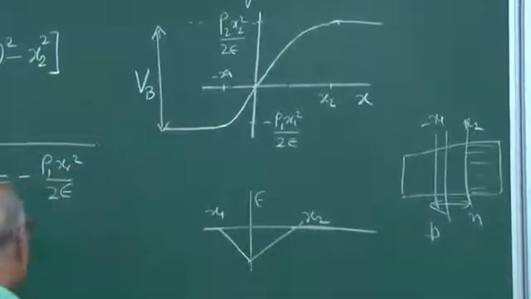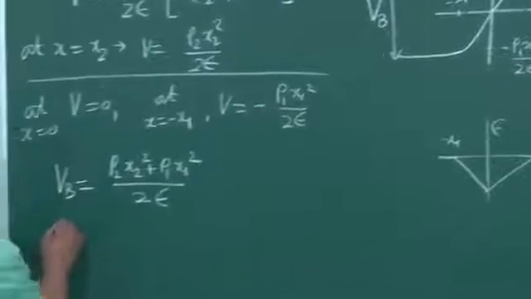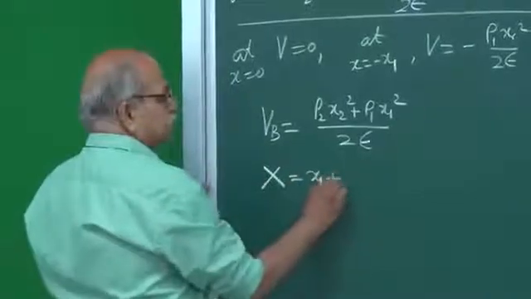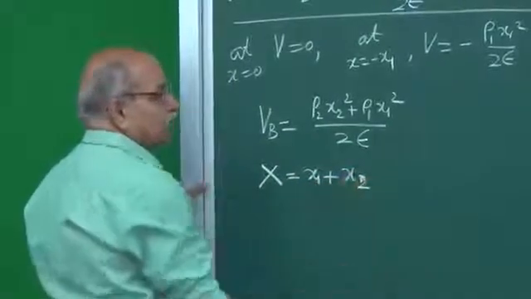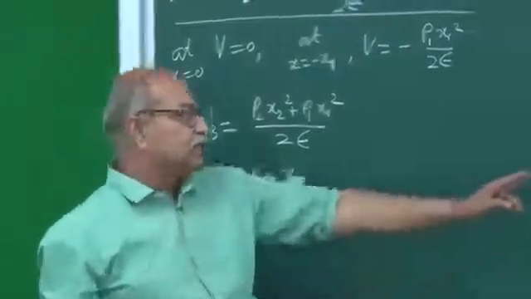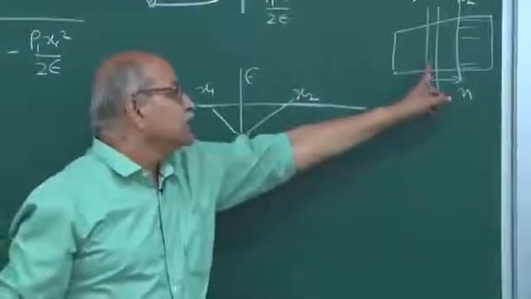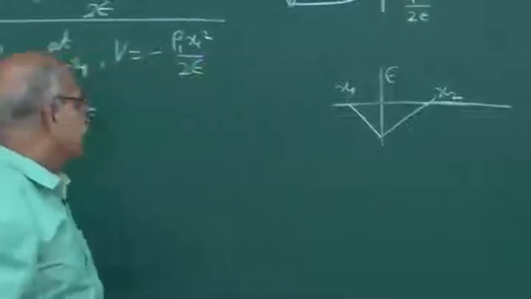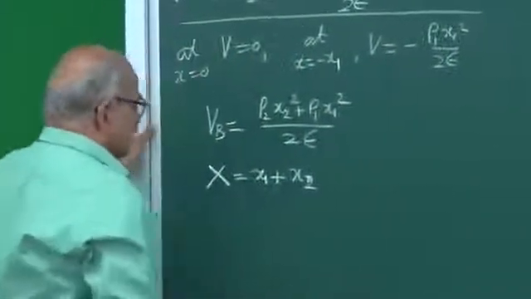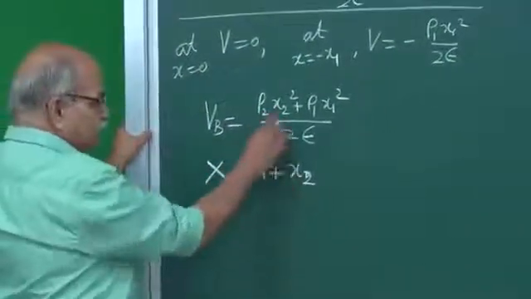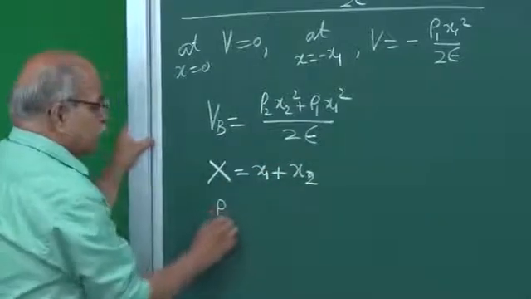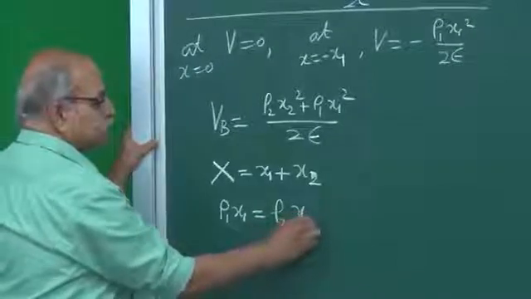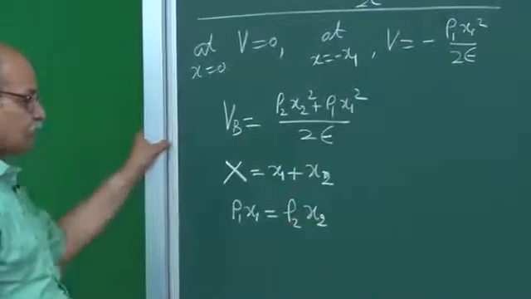So what we are interested in, that width of the depletion region, which is x1 plus x2. This x1 and this x2, this is the total width of the depletion region. You have one more relation, and that is rho 1 x1 is equal to rho 2 x2. Right?